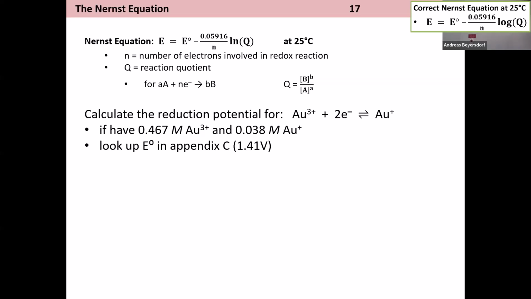And the ln of 1 is 0. So I'd have E0 minus 0. Under standard conditions, I get that E equals E0, which makes sense. So that's why it works out.